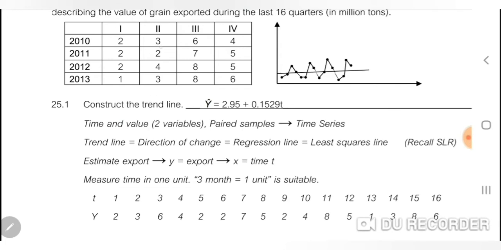After the next 3 months, export is 3. After that, the next 3 months, export is 6. So if we write 1 unit for 3 months, it is suitable. Small numbers and suitable units, because we record only once every 3 months.